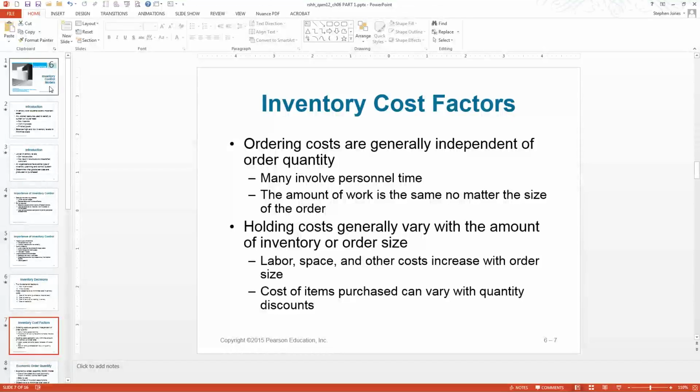Holding costs come at you in that you have a limitation in your space. There's only so much floor room that you have in your facility.